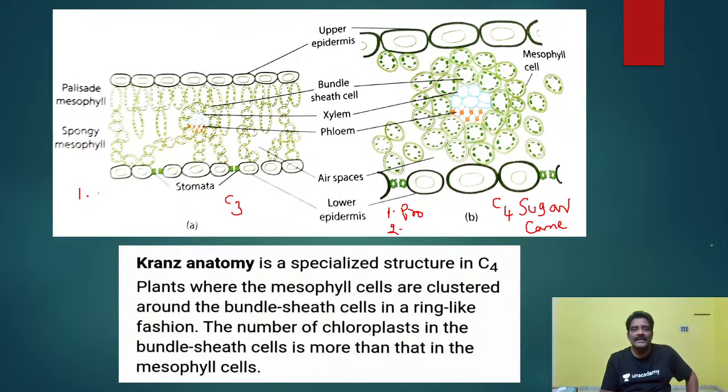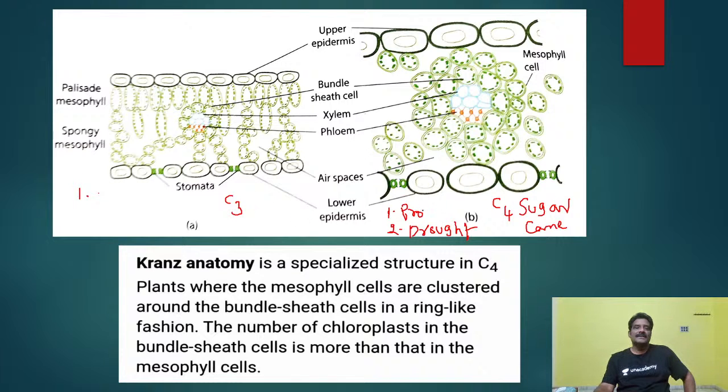These plants are also able to withstand unfavorable conditions. Even under drought conditions, with meager amounts of water, these plants are able to grow successfully. Productivity is also more when compared to the C3 plant.